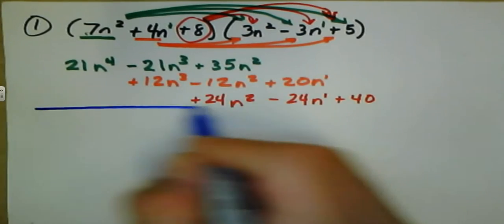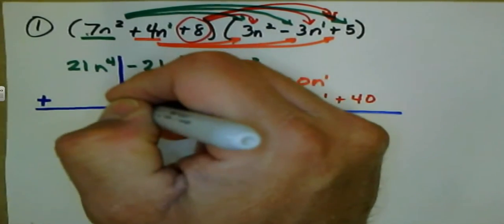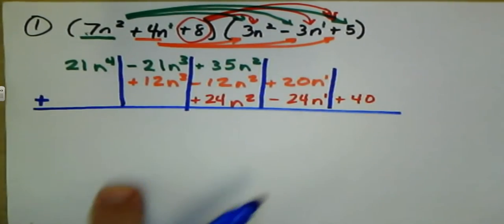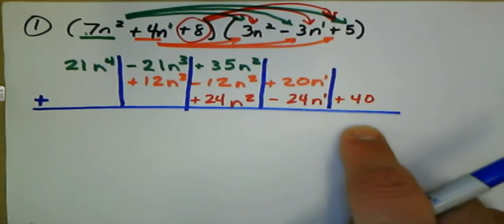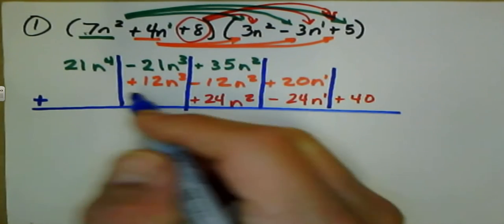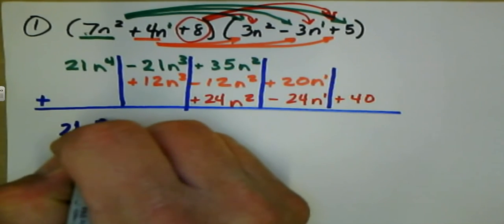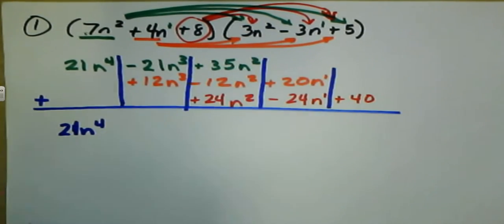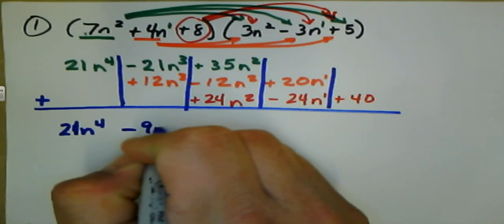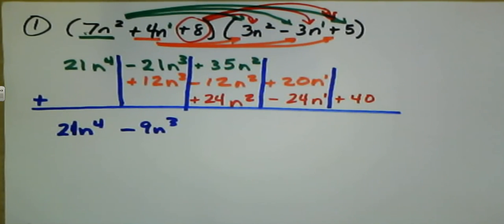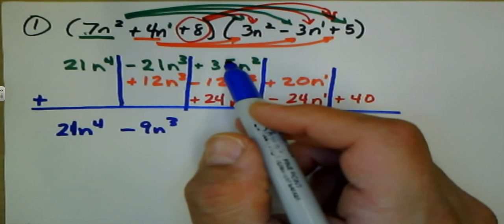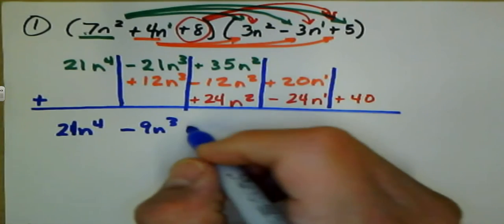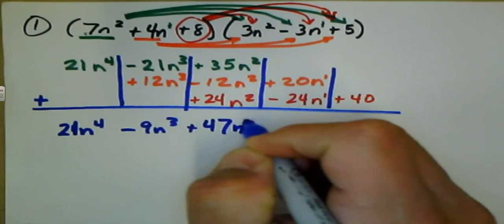What are we going to do? Yep, combine like terms. We're going to use our graphic organizer here. We're going to separate all of these like terms together. We have our 4's, our 3's, our 2's, our 1's, our none's. So nothing to add to that one, so it's just 21n to the 4th. Negative 21 plus 12 should be negative 9n to the 3rd. 24 minus 12 is 12, and 12 and 35 is 47n to the 2nd.